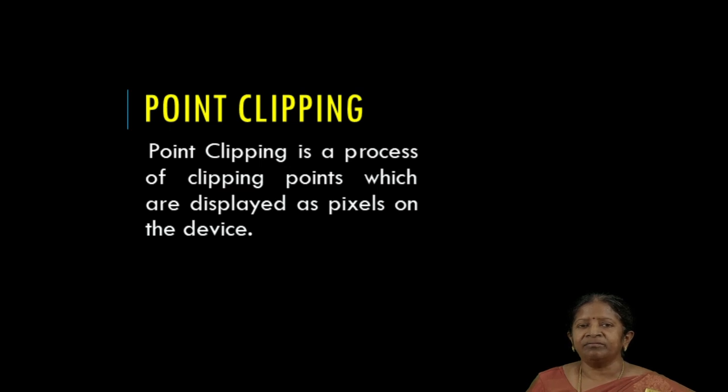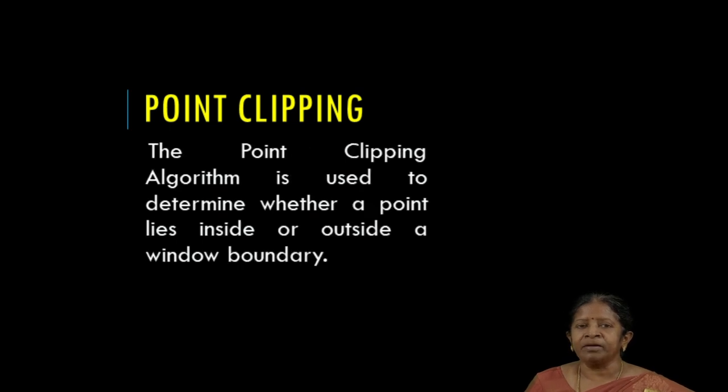In that, we are going to see point clipping first. What is point clipping? If the point is inside the window, then we show it in the viewport. Otherwise, it is removed from the viewport or made invisible.